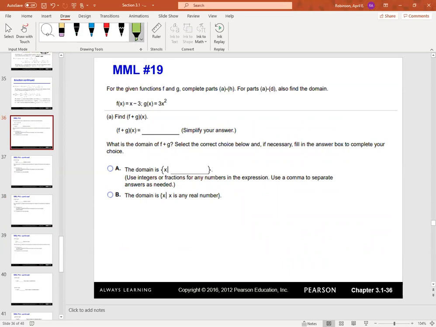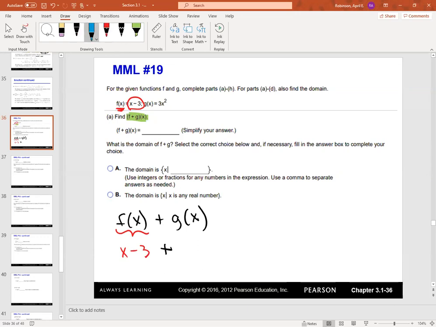Remember that f plus g of x really means take f of x and add it to g of x. f of x was x minus 3, so I just put x minus 3 right there, plus g of x, which is 3x squared. So right here I put 3x squared, and then I would add them together.